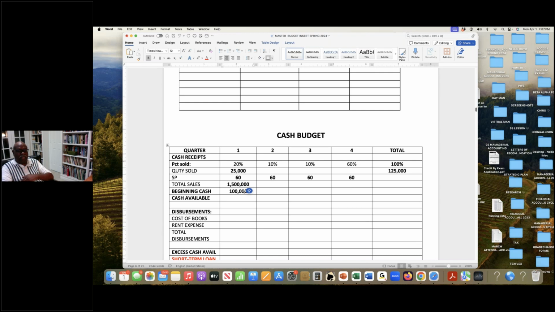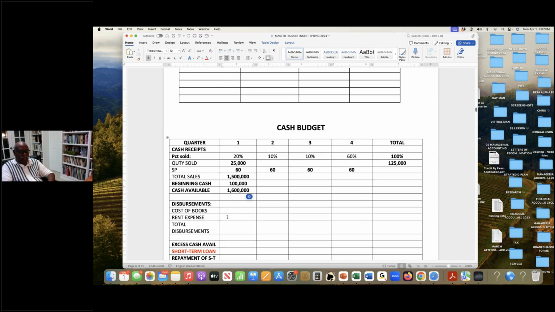The beginning cash is $1 million. So we got what? 2.5 million. We still got to pay the rent, the administrative expense of $1 million. How much are the books going to cost us? 500,000.